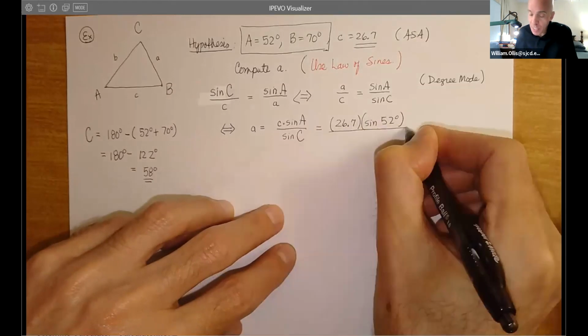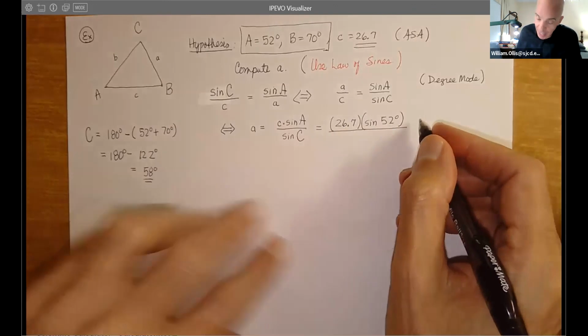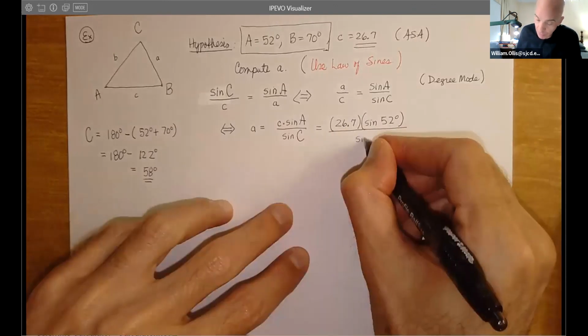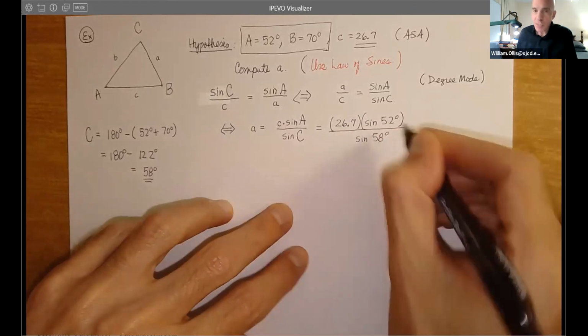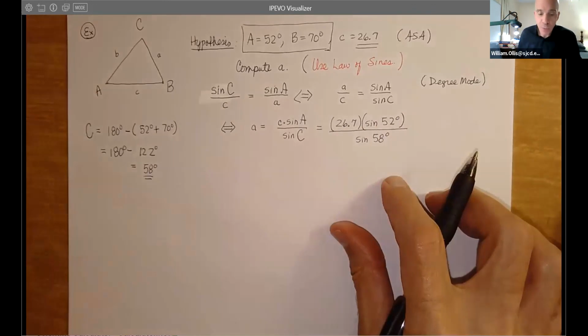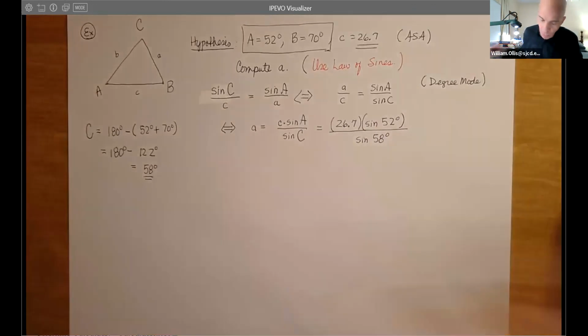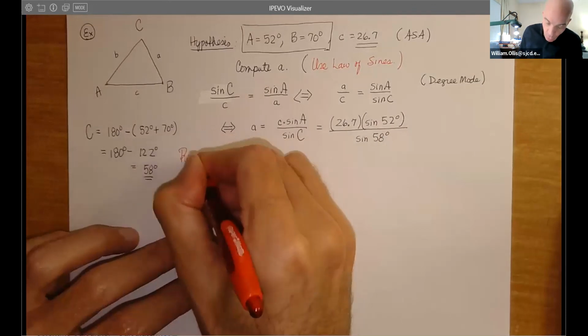So we've got 26.7 times sine of 52 degrees, and then we've got sine of 58 degrees. So now this would be the exact representation for A, but now in this particular case, what did they say? Let me write what WebAssign said: round to 1 decimal.